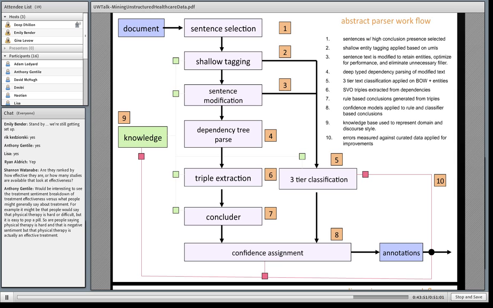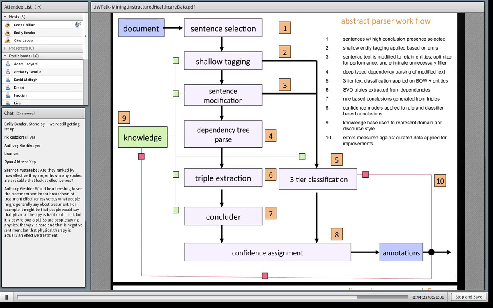So with the output of the modified sentences, we go in and parse. In this case, we use the Stanford dependency parser, and then we take those typed dependencies into an extraction process. At that point, we're trying to get down to subject-verb-object, SVO style, compact triples. That would be something like "toxin reduces vomiting."